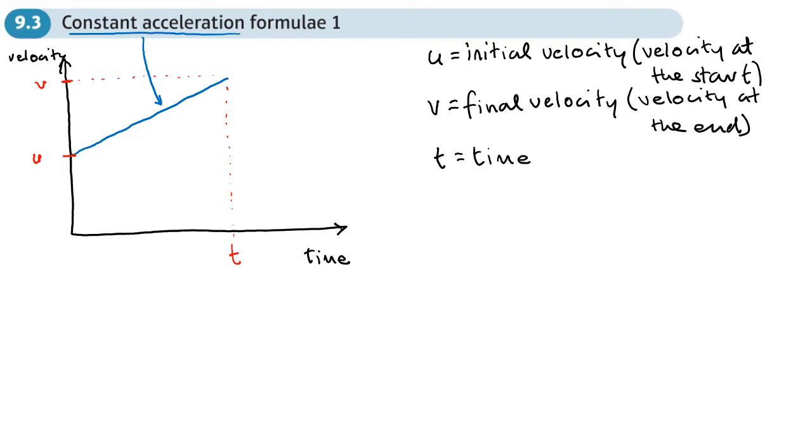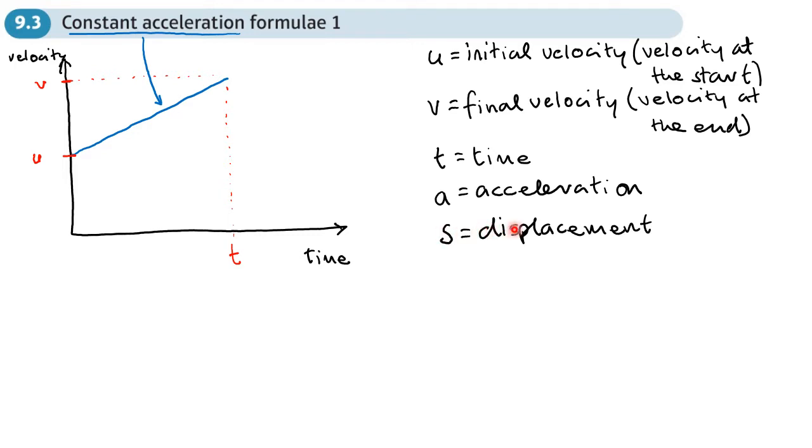We're going to be working out the acceleration in a moment, which is going to be the gradient of this line. So we use the letter a for acceleration. And for displacement, we don't use the letter d, because d could also mean distance. We use s.